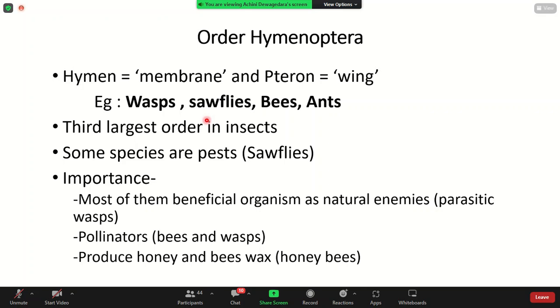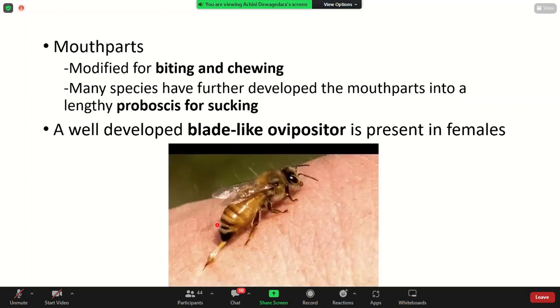So as pests we can see sawflies, but when we discuss their importance, beneficial organisms are there, such as parasitic wasps, and as pollinators, bees and wasps both act as pollinators. And honeybees produce honey and also beeswax. So these are the importances of these insects coming under order Hymenoptera. I think you all are familiar with the bees.